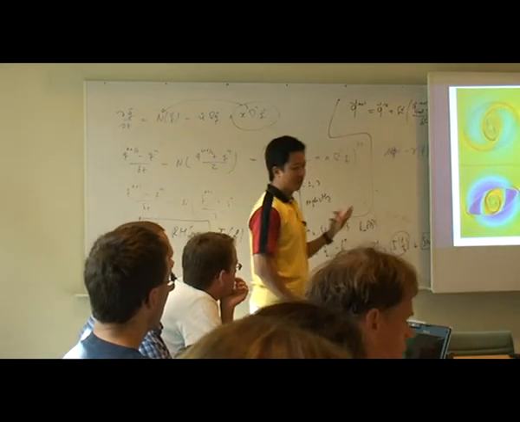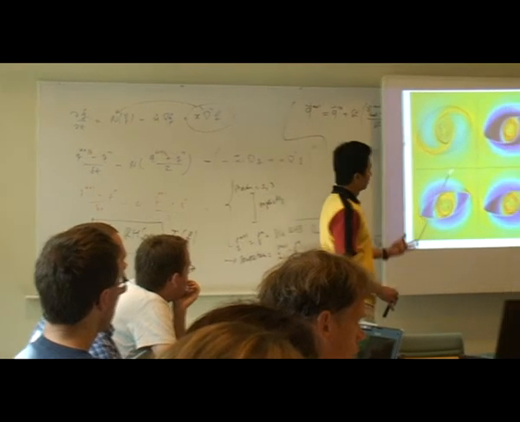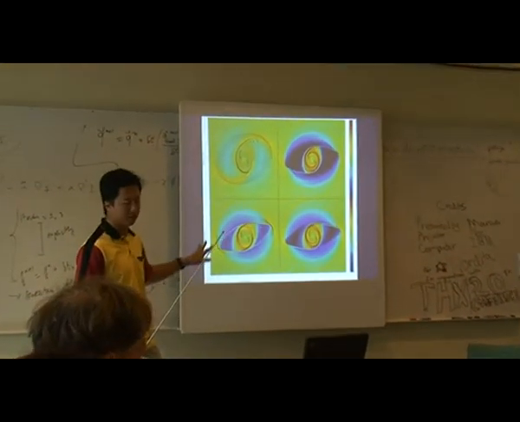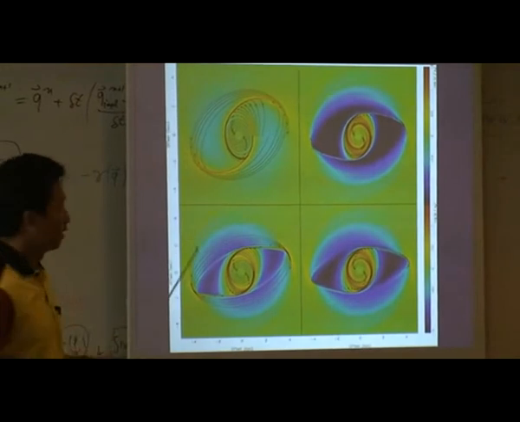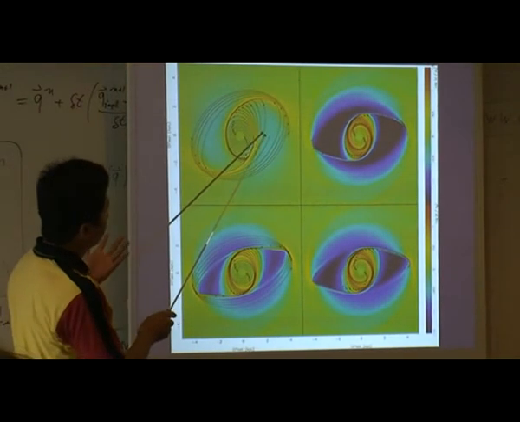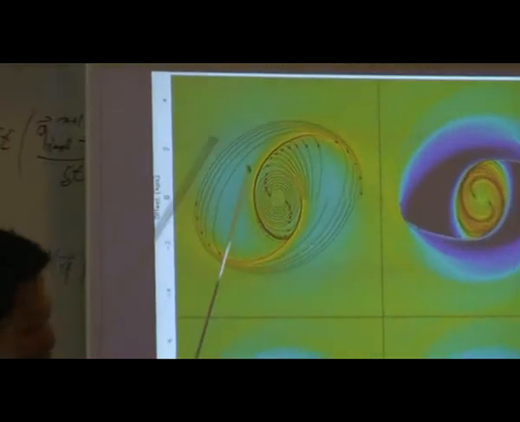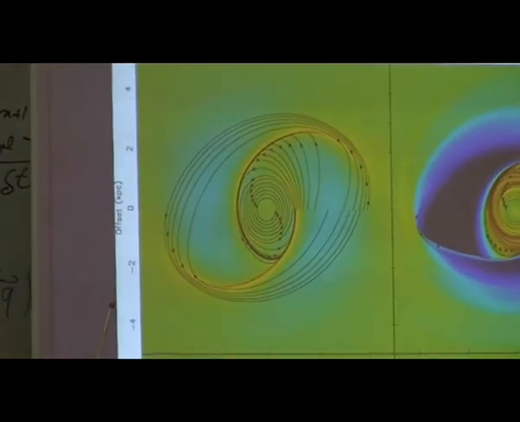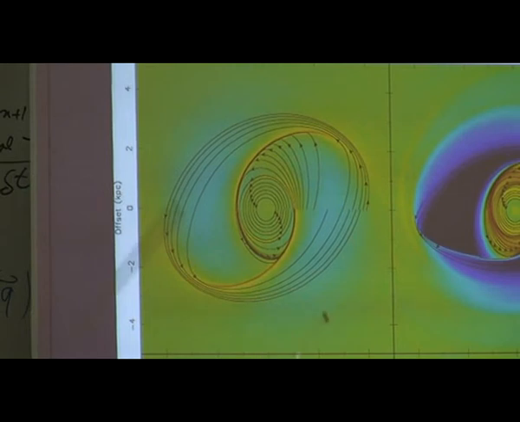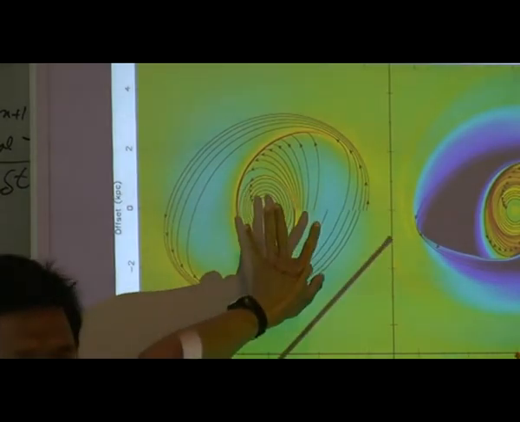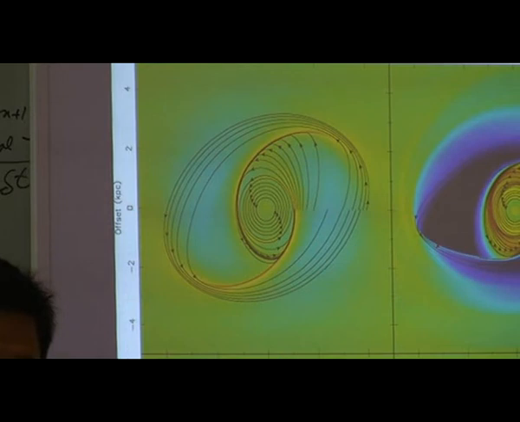Okay, so to demonstrate the gas streaming motions along these spiral structures, this is the streamline plot, and you can see that basically the gas encountered a strong spiral shock, and the spiral shock focuses the gas trajectories into the subnuclear regions. But remember that inside about one or 2 kiloparsecs, the wave becomes more or less linear.